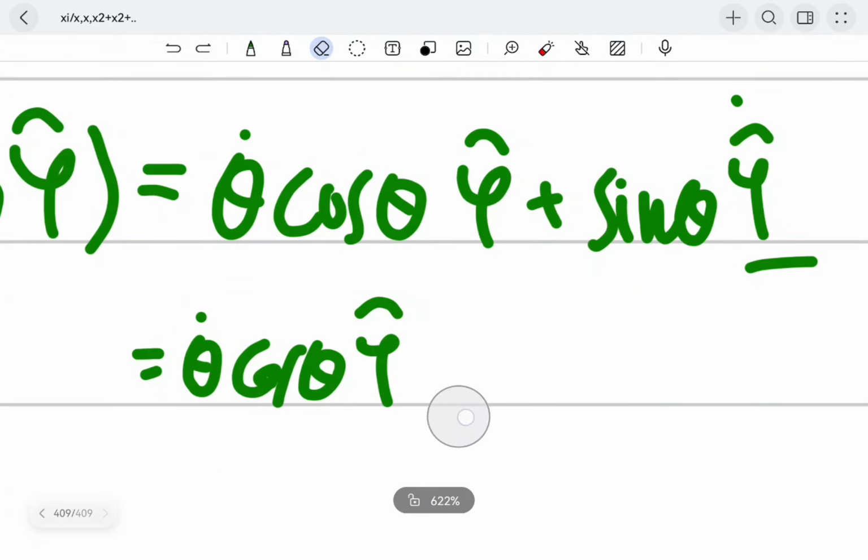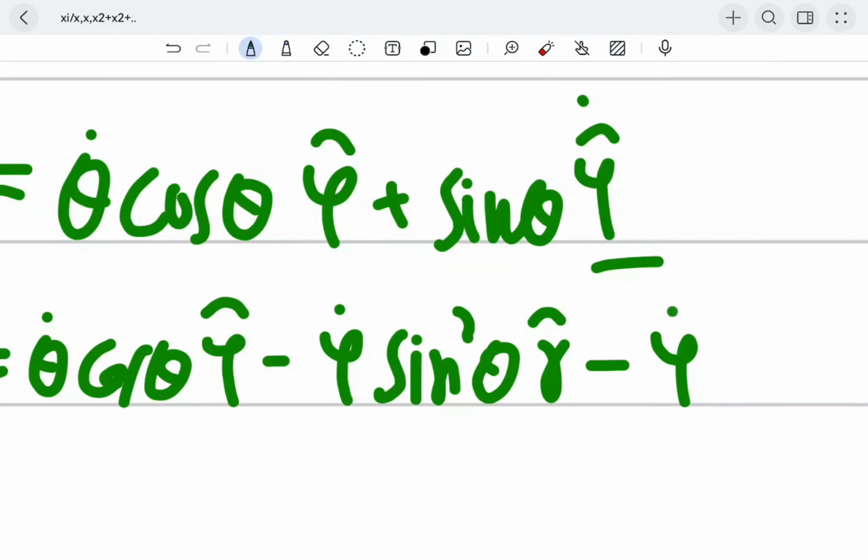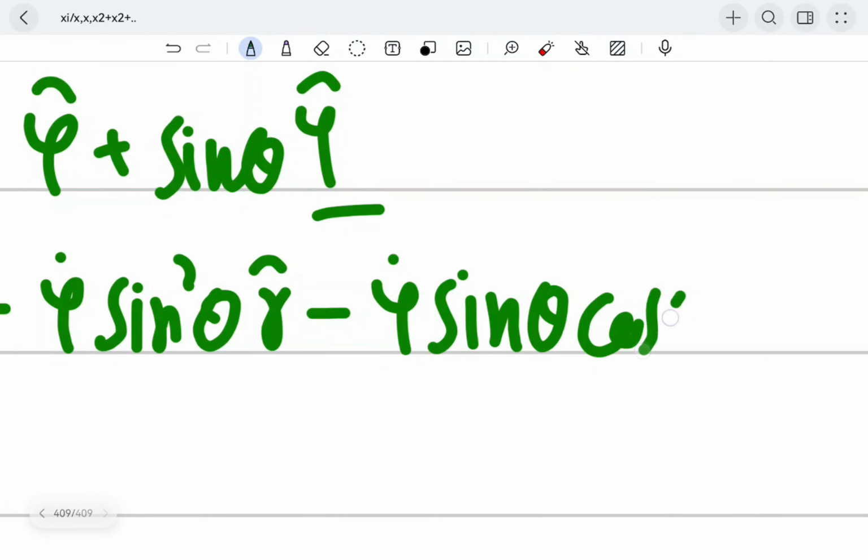Then we have minus phi dot sine square theta r hat minus phi dot sine theta cosine theta theta hat.